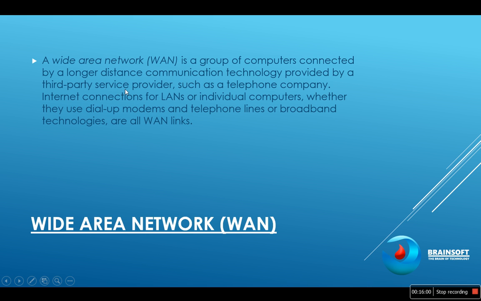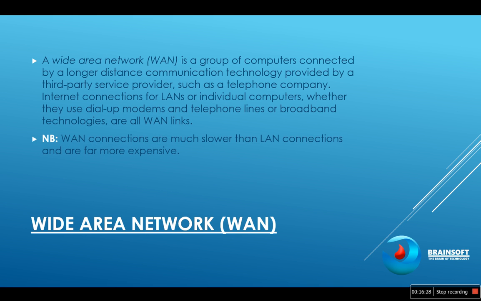This is when we call in the ISPs and other parties, such as a telephone company, internet connections for LANs or individual computers, whether they use dial-up modems or telephone lines or broadband technologies. These are all WAN links, like Vodafone, MTN, Glo, Tigo. They are all WAN technologies.